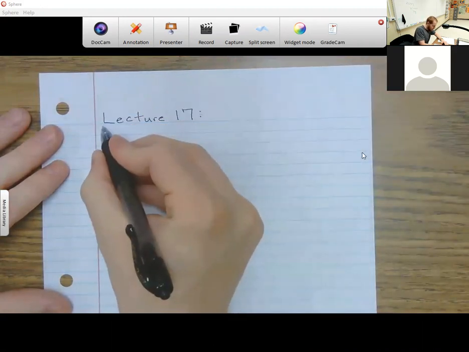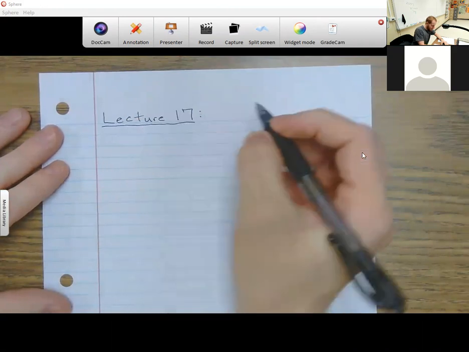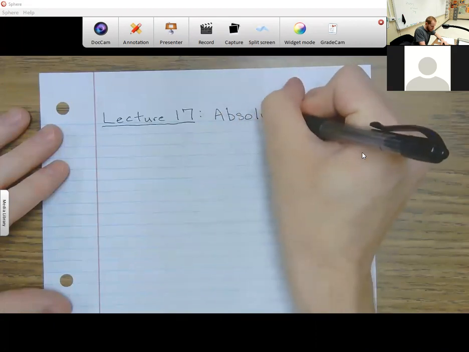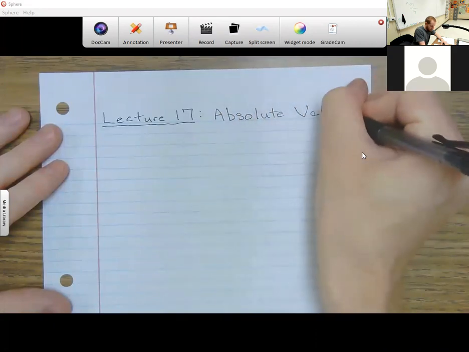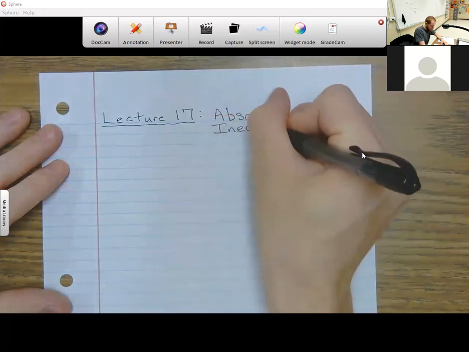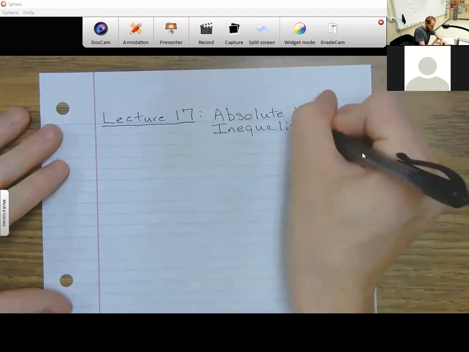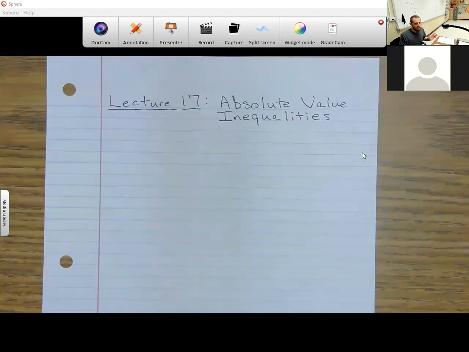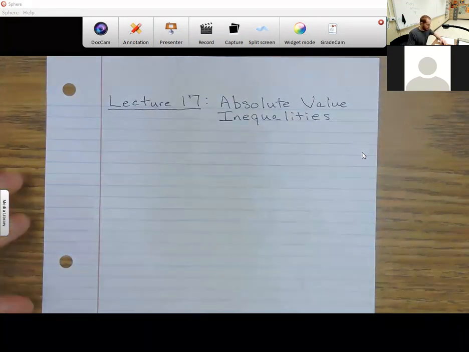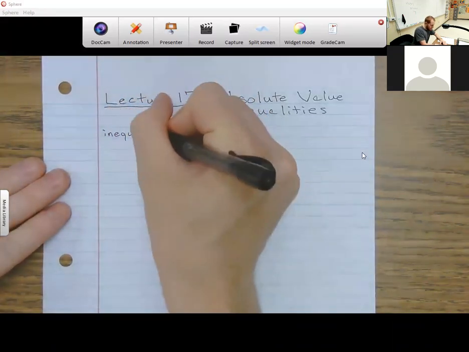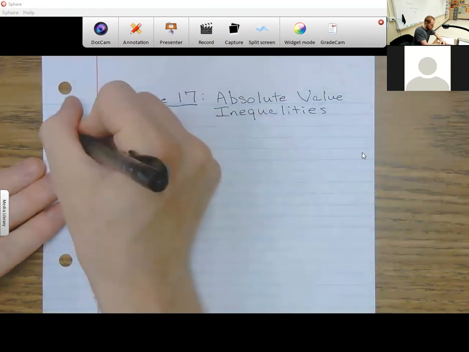Okay, lecture 17. Underline that. Absolute value inequalities. Okay, so when we talk about inequalities, we basically mean things that are not equal. That's what inequalities mean. So inequality, let's just write a definition.